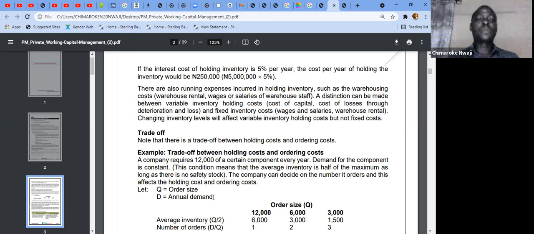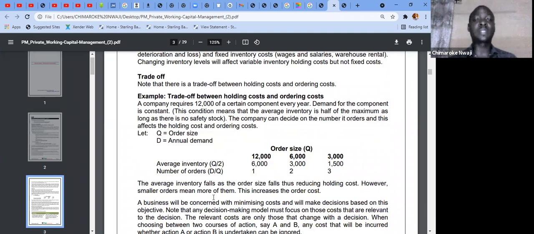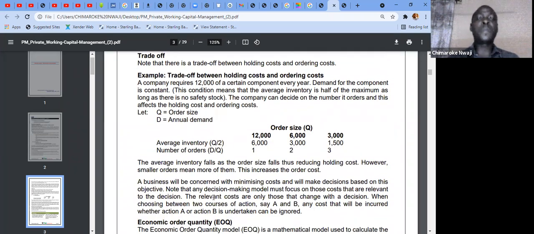Trade-off. Now, there's something called holding costs and ordering costs, and there's going to be a trade-off. Now, what is that trade-off? Let's look at this example and illustrate what this trade-off means. A company requires 12,000 units of a certain component every year.